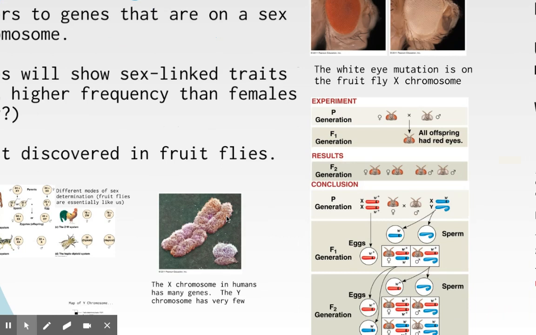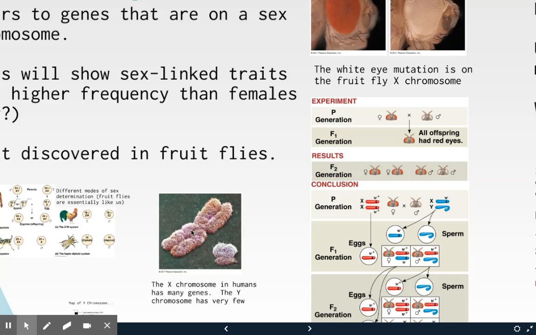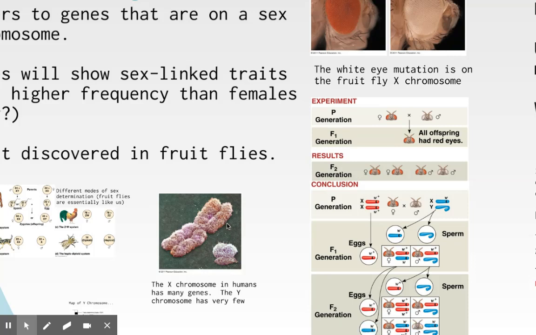So the likelihood of them both carrying the colorblind allele is really low. For a male to be colorblind, because his genotype is XY, here's the Y chromosome, he would only need to receive an X chromosome from his mother that has the colorblind allele, and he would express colorblindness. So the chances of a male inheriting one allele versus a female inheriting two alleles is just higher.